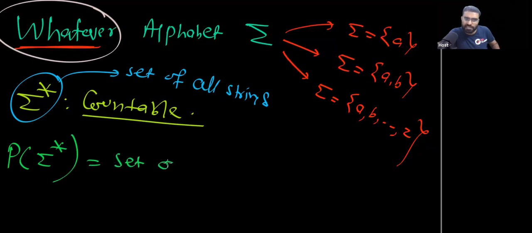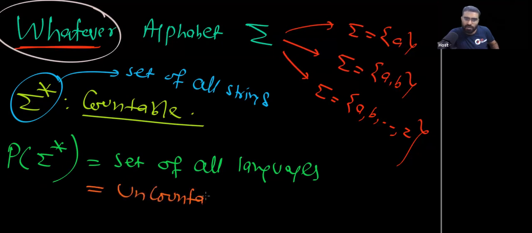That is the set of all languages, and that will be uncountable. It does not matter which alphabet you are taking: sigma star is always countable, and the set of all languages is always uncountable.